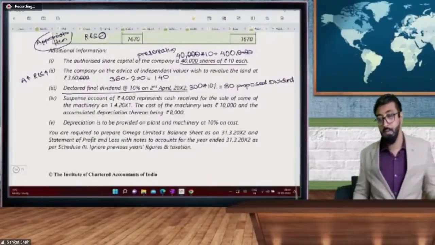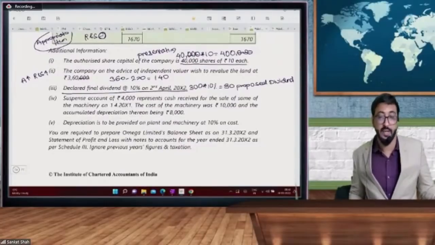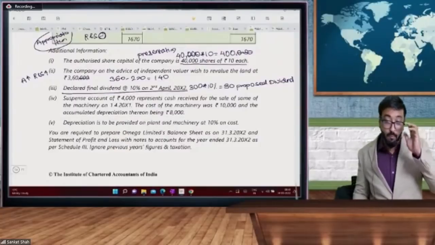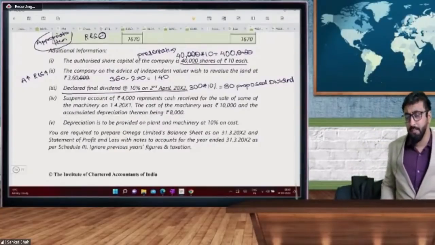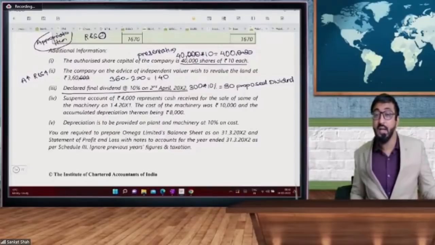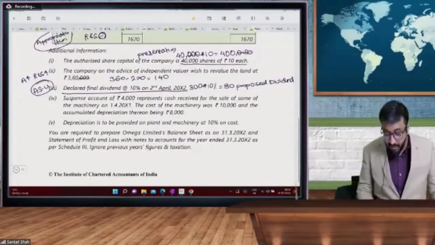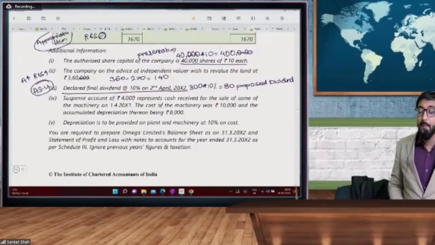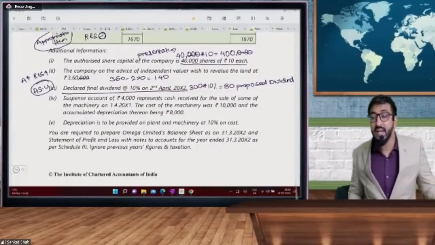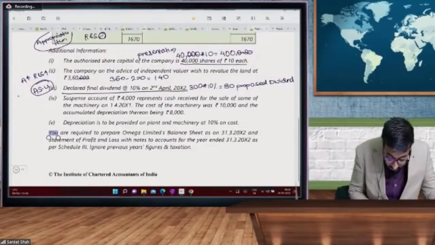Beta, previously we had to pass an entry, dividend account debit to proposed dividend. Previously, before 2020, we had to give effects. But now there is accounting standard 4. As per accounting standard 4, a proposed dividend entry is not to be passed in the books, and there is only a note.